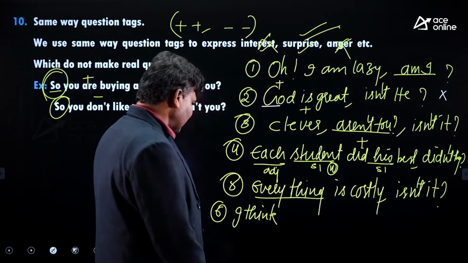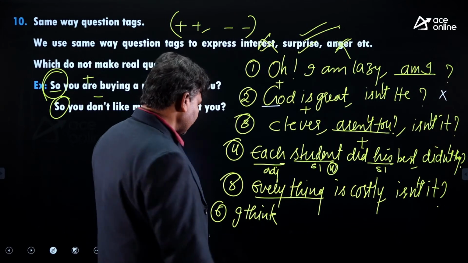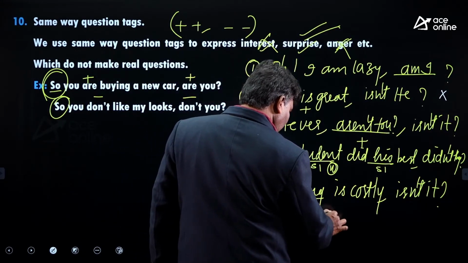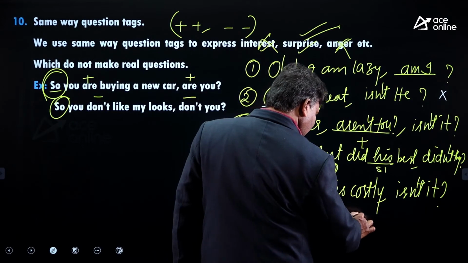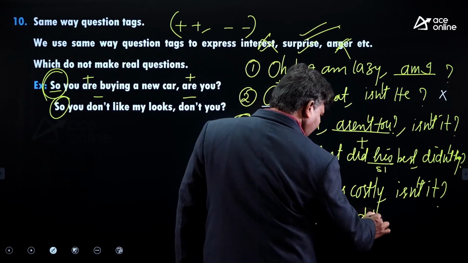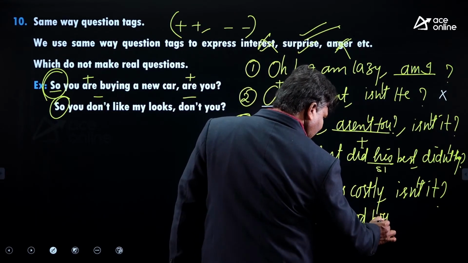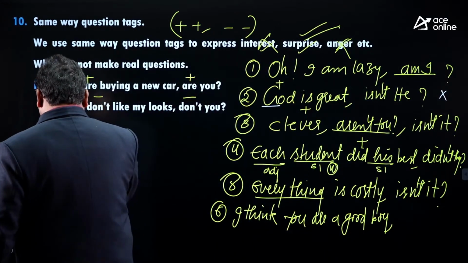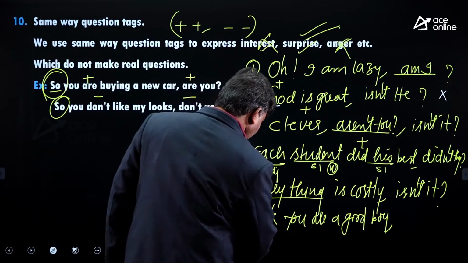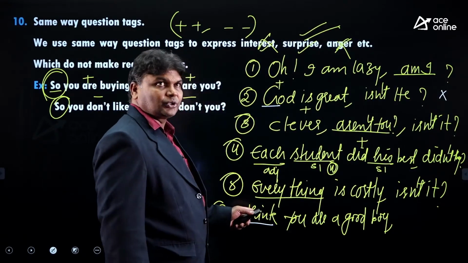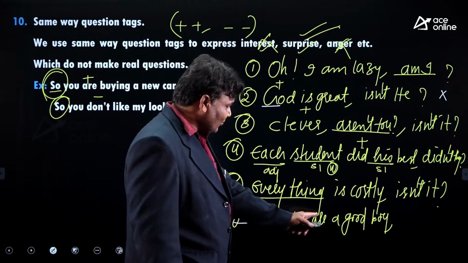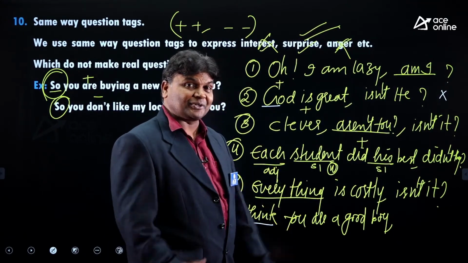Number 6, I think. Supposing I say, I think you are a good boy. Now you see, students, there are 2 sentences here. That is the confusion that is created, like I think. Then this is the main verb. So think, I, so don't I? Very good now. You are a good boy. Are. Now which one are you supposed to take?